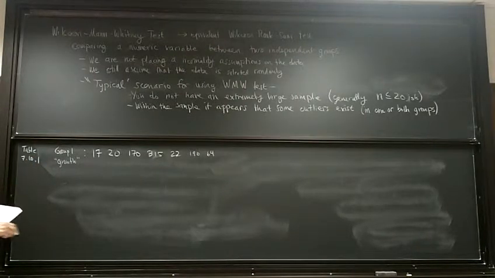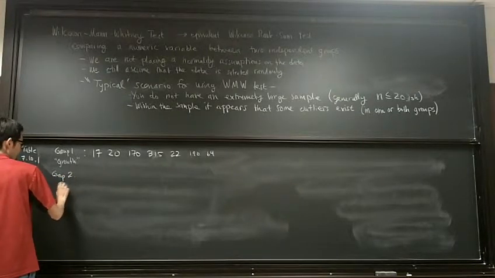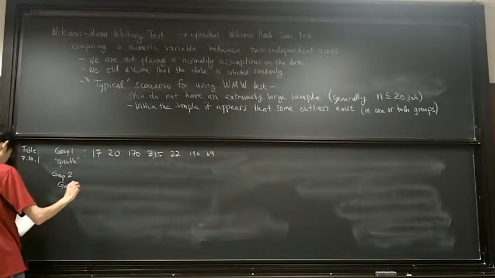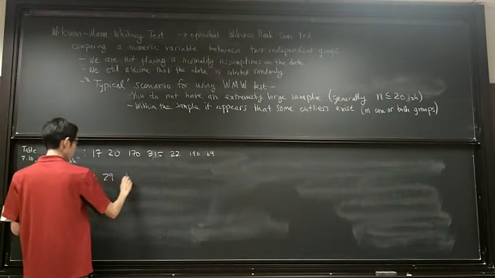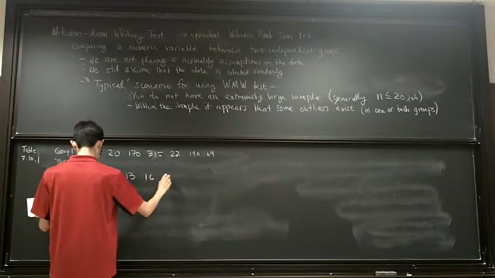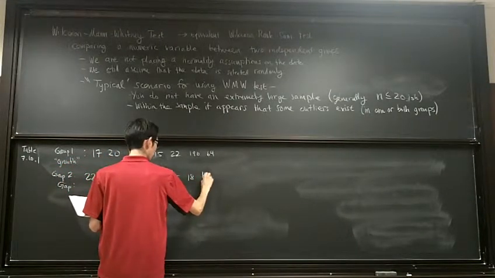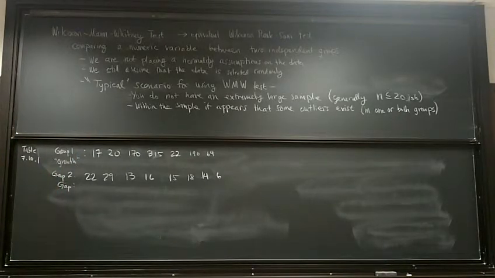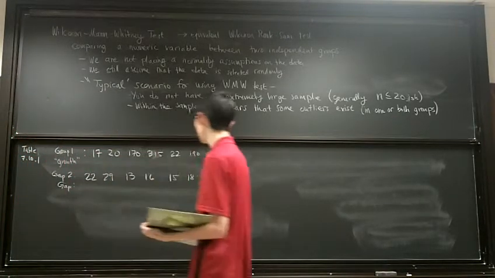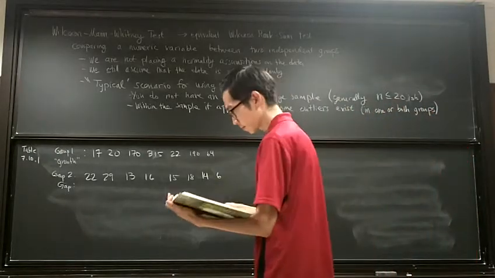Then group 2 is the gap, and the numbers we have there are these. We don't even have the same number: group 2 has 8 measurements, and group 1 has 7, and that's fine.